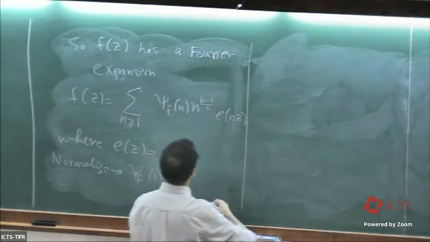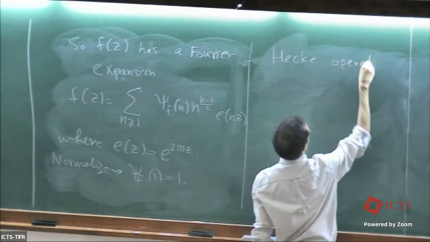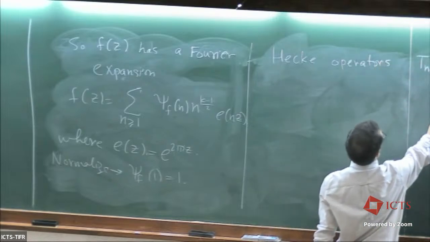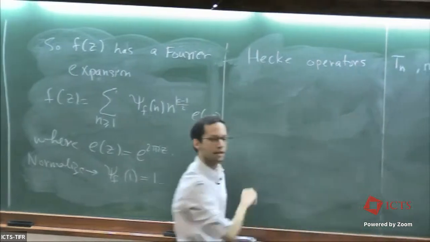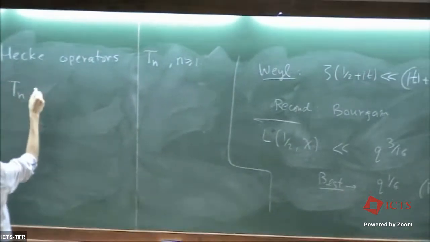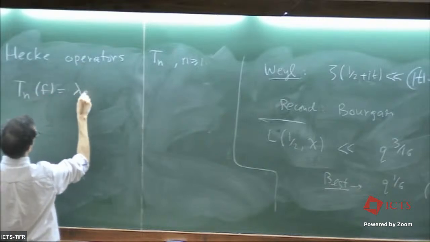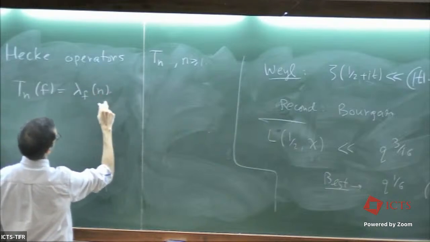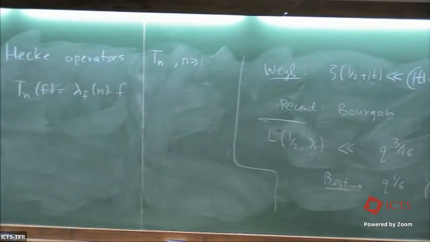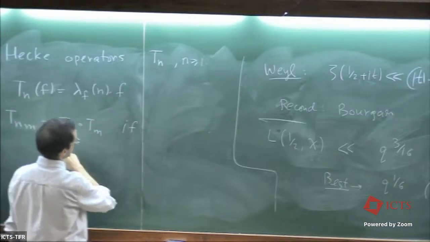So we also have Hecke operators T_n for each n. The good thing about the Hecke operators is that if you act on f, let's say the eigenvalue is given by lambda_f(n). And the very nice thing about Hecke operators is that they satisfy this multiplicative relation.